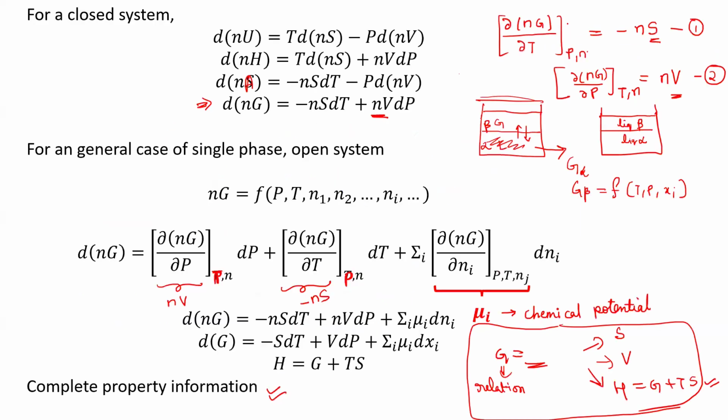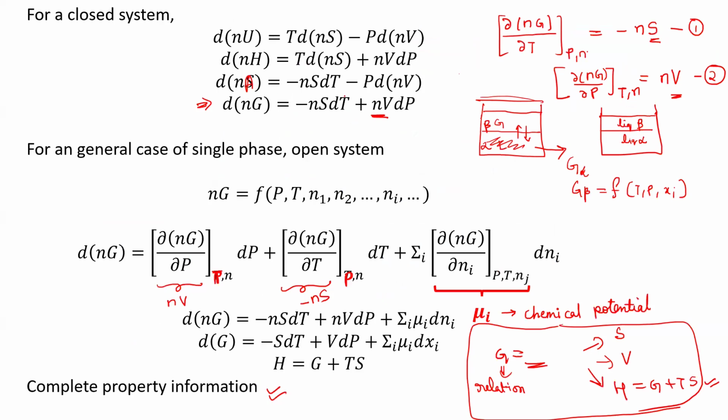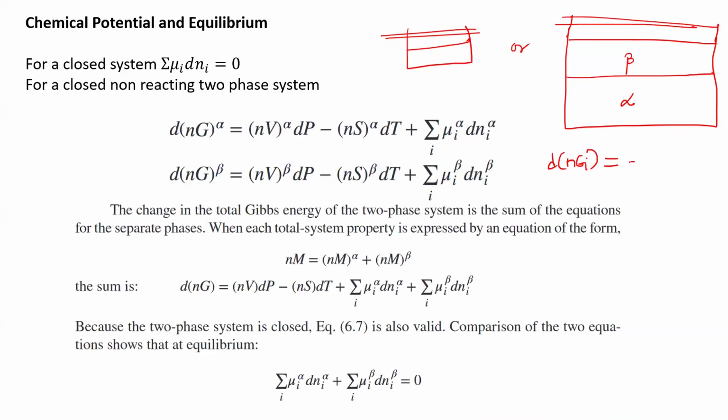One more thing I want to say here: if it is a one-phase system or a two-phase system, and it is closed, then again the initial equations which we have defined, d of nG is equal to minus nS dT plus nV dP, are followed already.